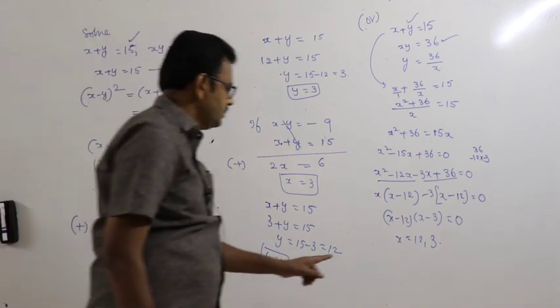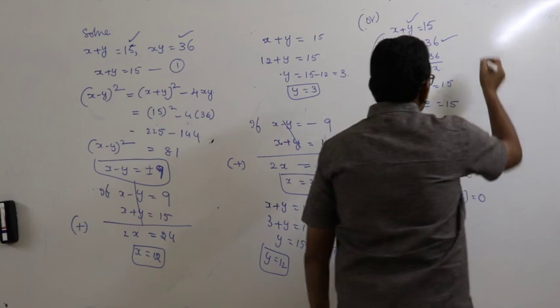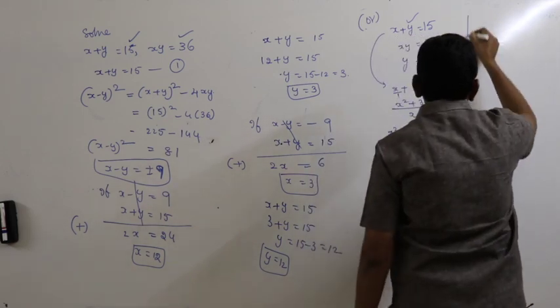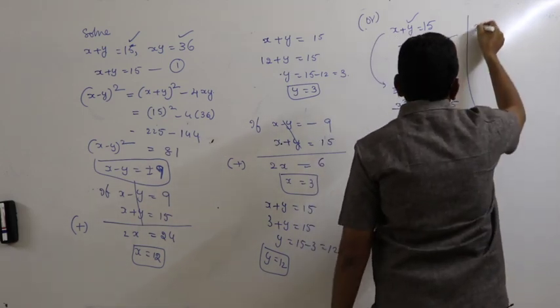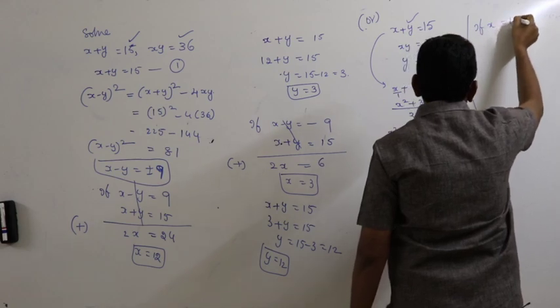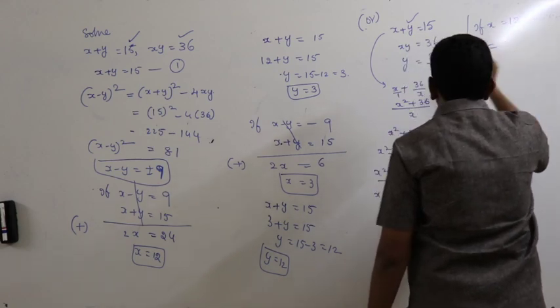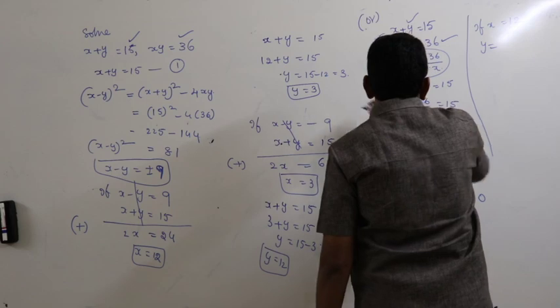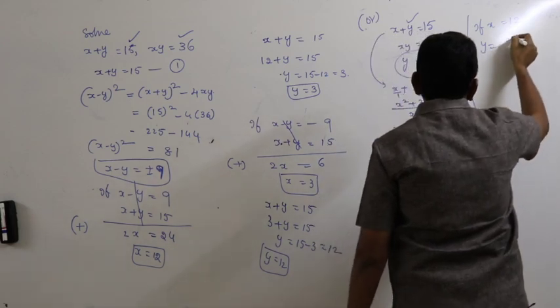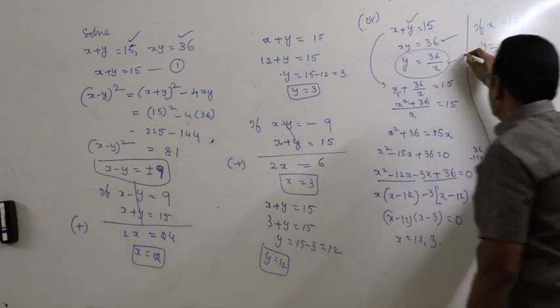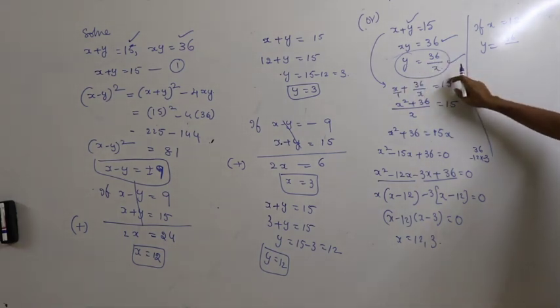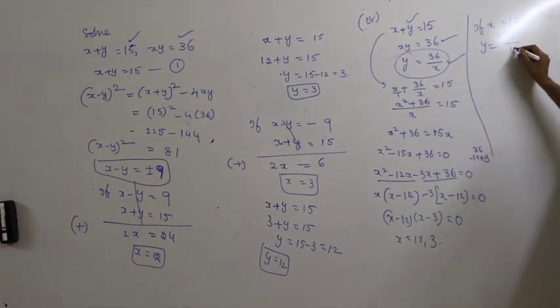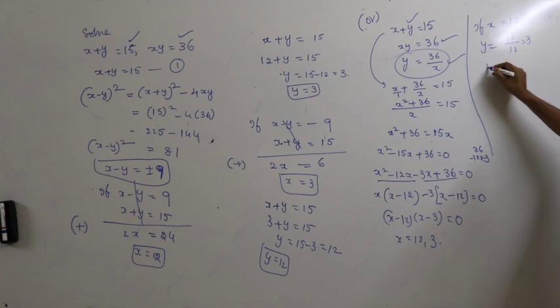If x is equal to 12, then y is equal to 36 by x, where x equal to 12, that is 3, therefore y is equal to 3.